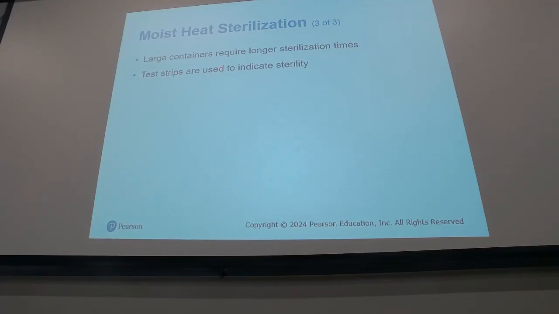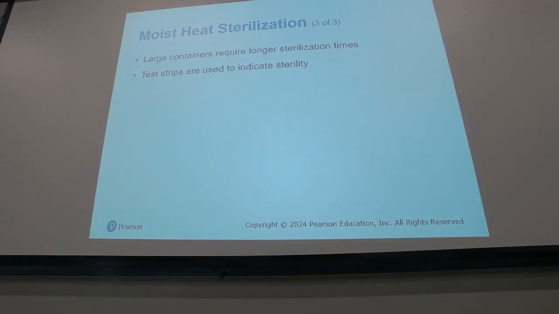As usual, you understand that large containers will take a longer sterilization process. And depending on what you are sterilizing, if you're sterilizing waste, you will perhaps need to increase the time from 15 minutes to more.